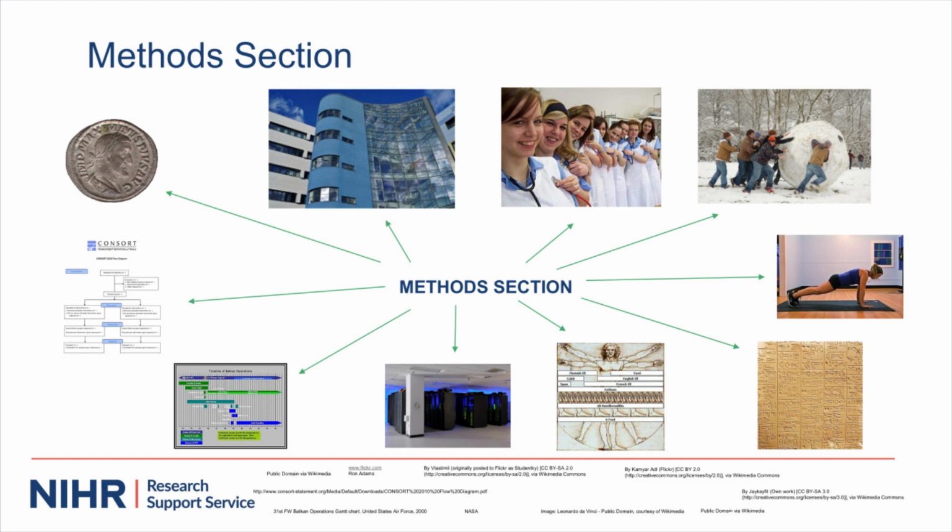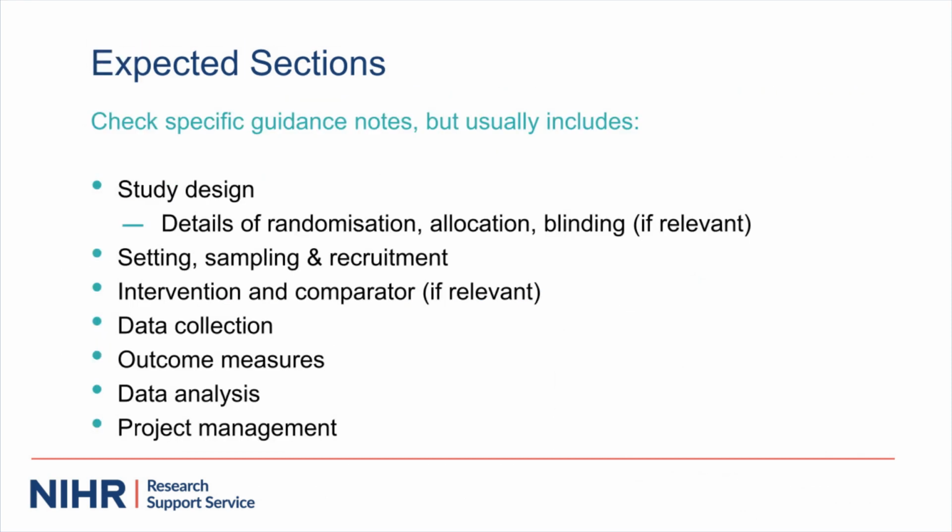The sort of outcome measures that you are using, the data analysis methods that you're using, and aspects of project planning. So these are all the sorts of things that we'd expect to see in a method section. So study design, details of randomization, allocation, blinding if it's relevant, setting, sampling and recruitment, intervention and comparator if relevant, data collection, outcome measures, data analysis and project management.